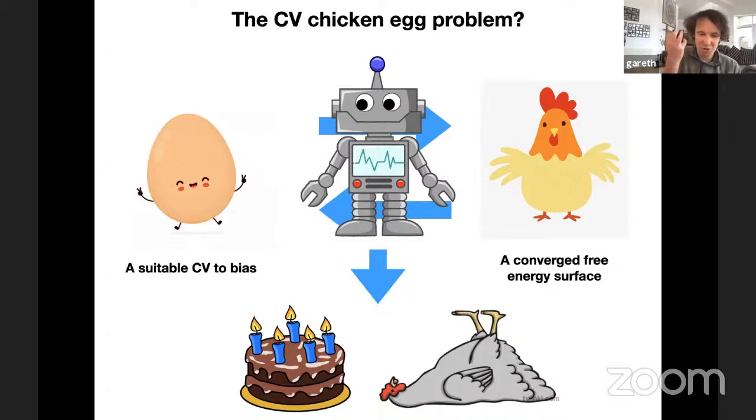But the point I want to make, and the point that I'm sort of getting to, is that the CV is important because it's what's going to give you your understanding of the problem. And so, you know, you have to come up with a research question that you're trying to answer.